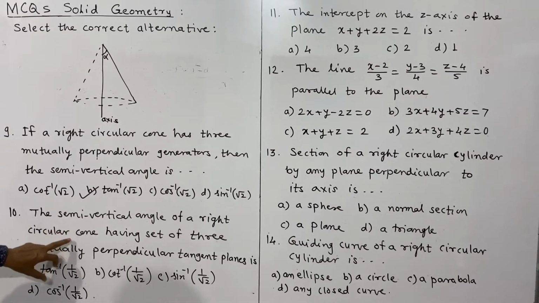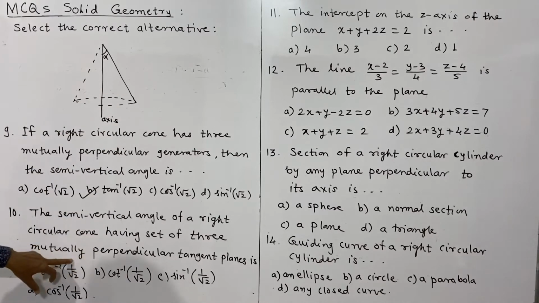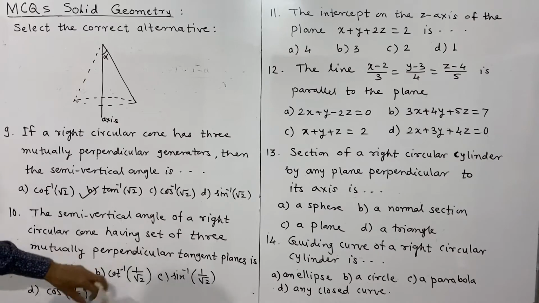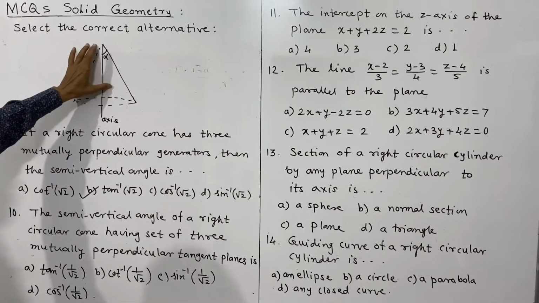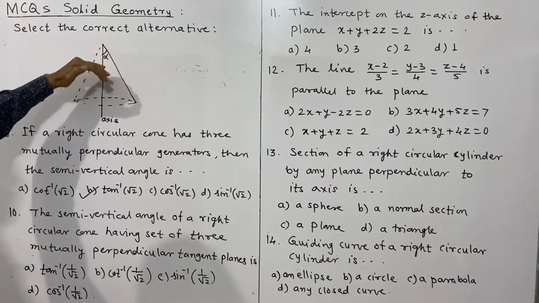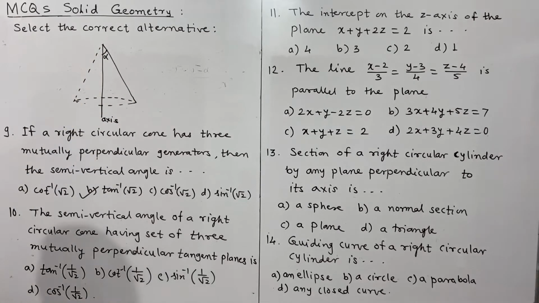The semi-vertical angle of a right circular cone having a set of three mutually perpendicular tangent planes. So this cone has three tangent planes which are tangent to this cone, and the planes are mutually perpendicular. In that case, the semi-vertical angle must be which one of these? And the result is the angle must be tan inverse of 1 by root 2.